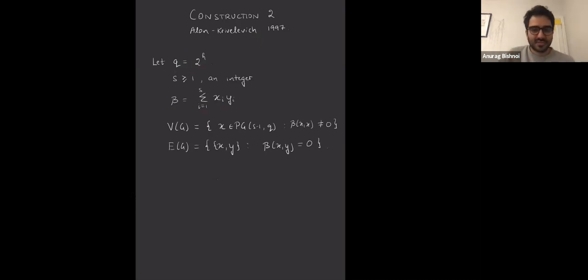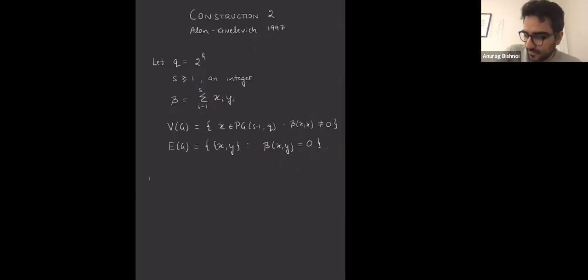And now just do the same thing as before. So our vertex set is the set of non-isotropic points, so the points which are not orthogonal to themselves. And x, y is an edge if these two points are orthogonal to each other. Okay. Because we are working over even characteristic, there's something fundamentally different about this construction compared to the previous one.